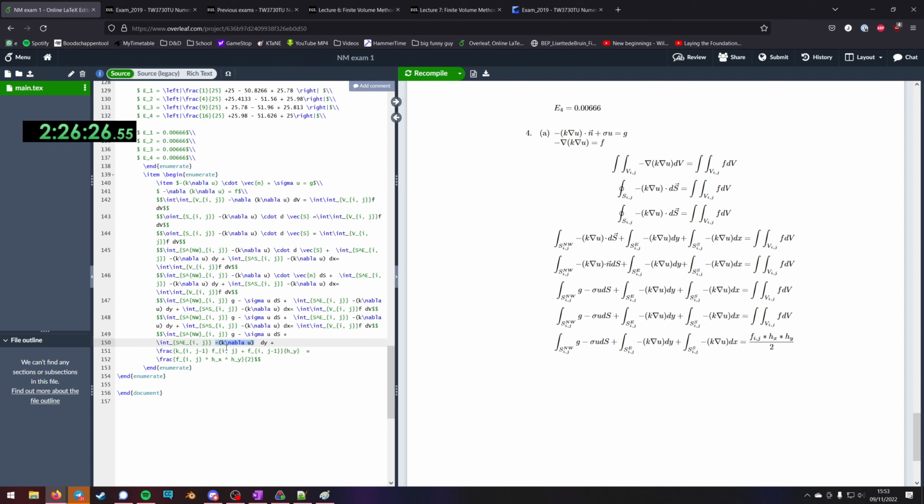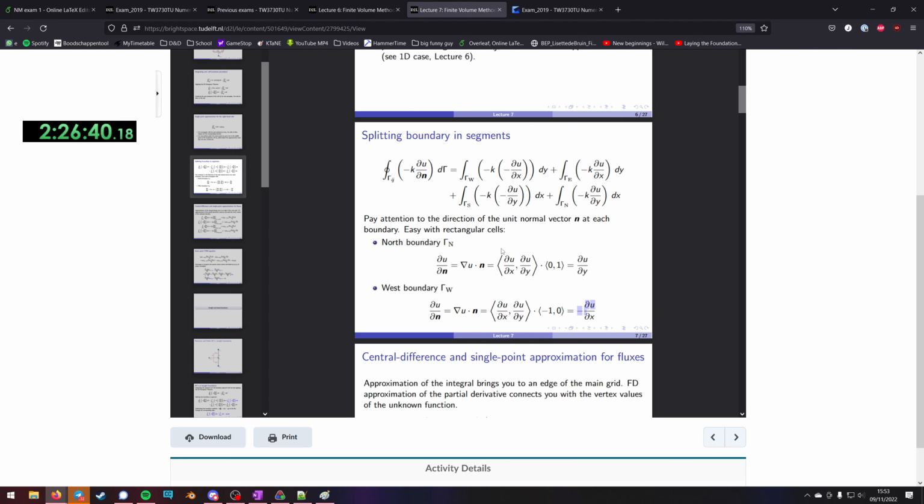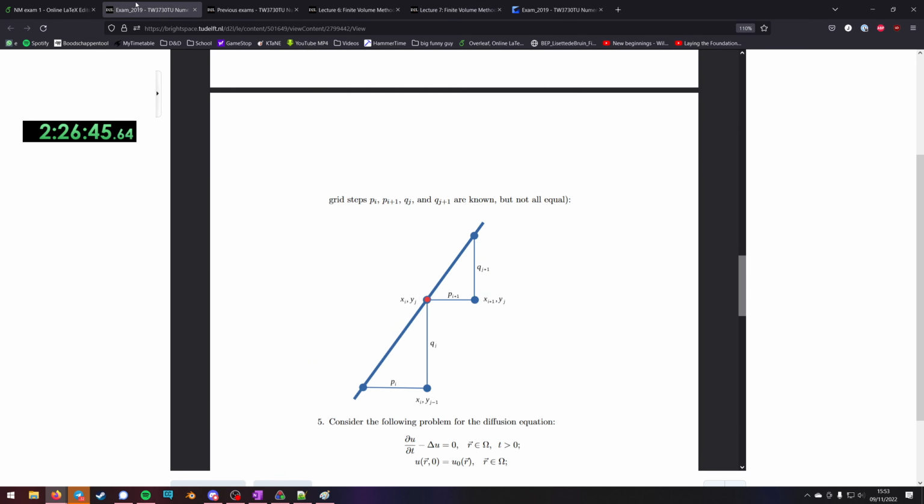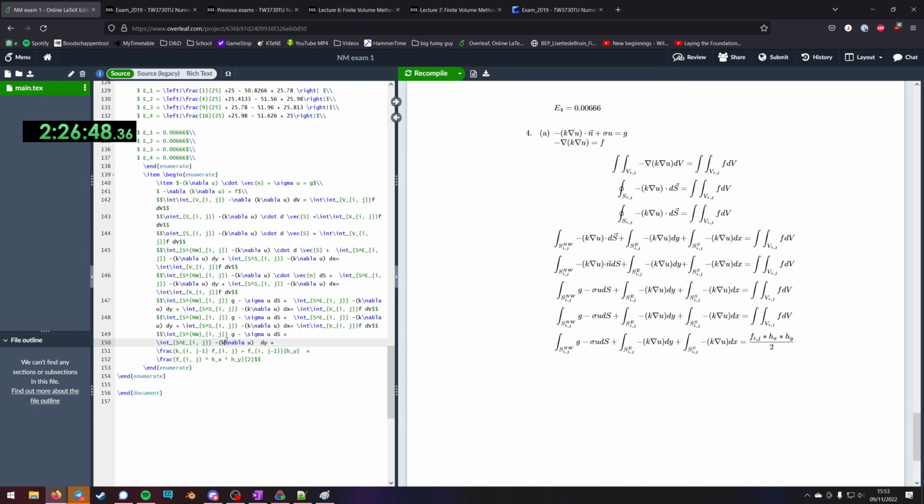So the negative nabla is the same as, I always forget this. If it's positive, then the middle one is positive. Okay, I can remember that, which makes sense actually. So then the middle one is positive and this one is negative. So this would then be my approximation for S, for the south boundary.